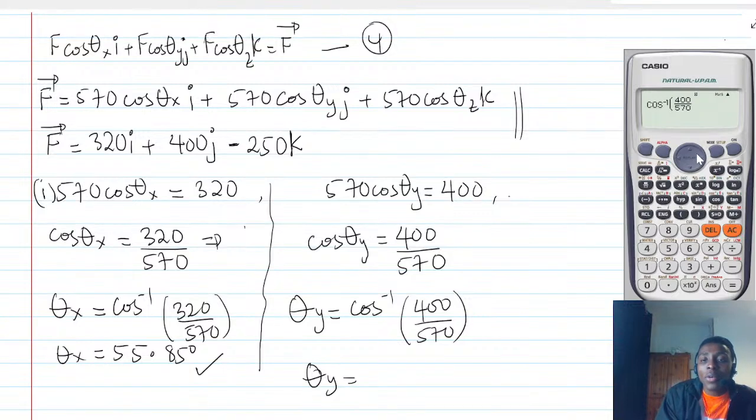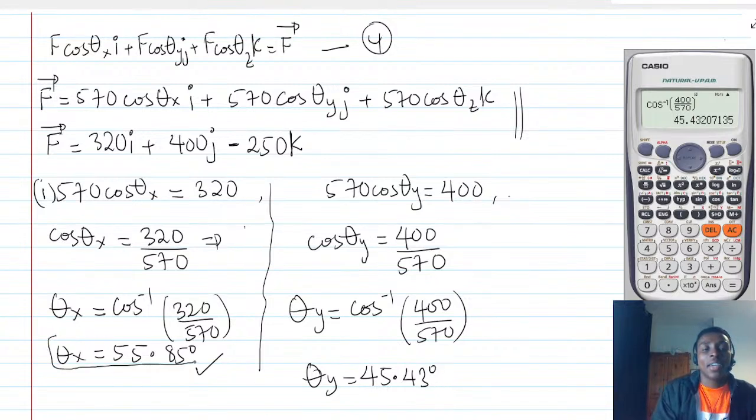Now taking the cosine inverse of that, what do you get? You get 45.43, right? So my theta x is here, my theta y is here.